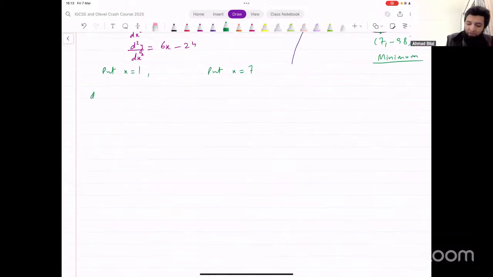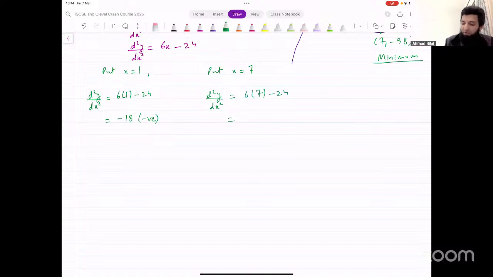Now, when we input x equals 1, that gives us 6 into 1 minus 24, which simplifies to minus 18. This is a negative number. When we input x equals 7, let's see what that gives us. 6 into 7 minus 24, that's 42 minus 24, and that is 18.